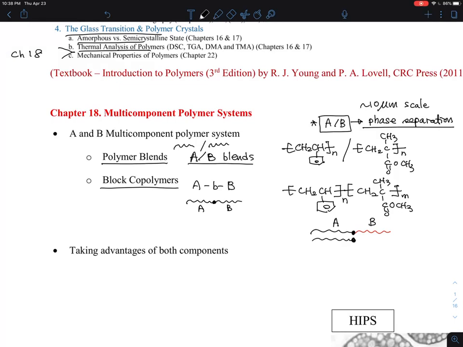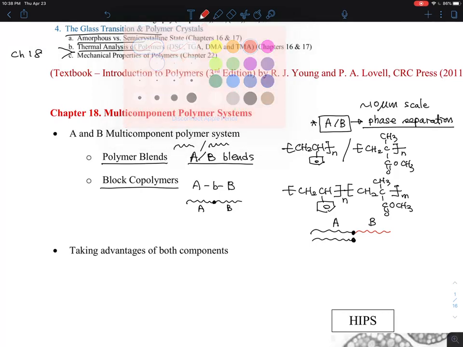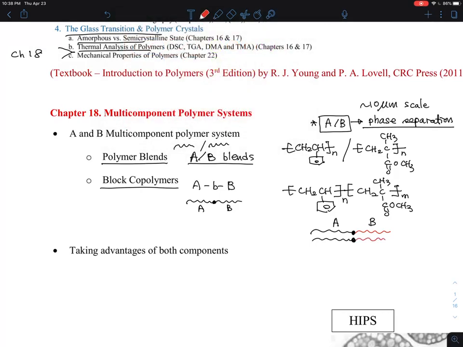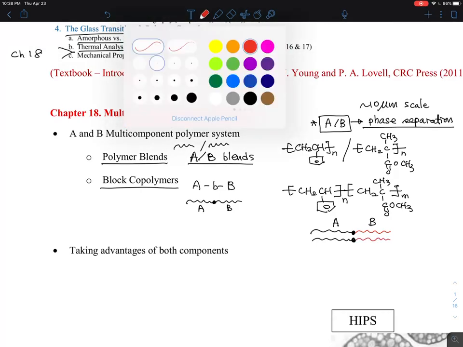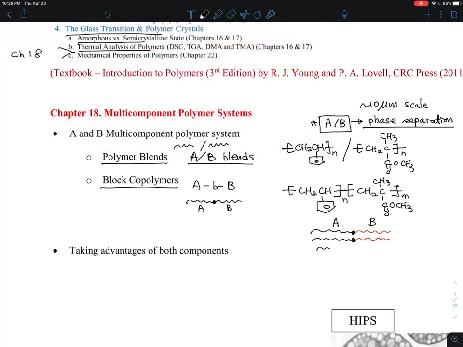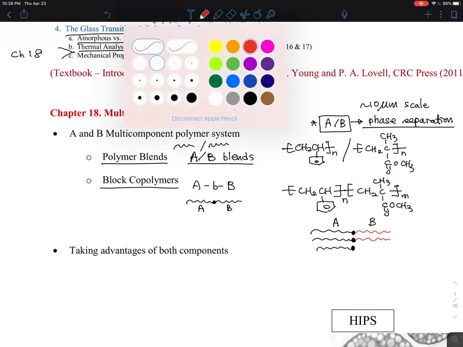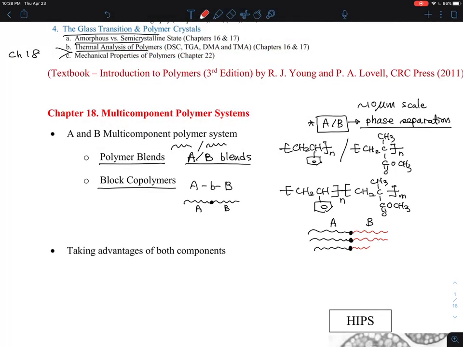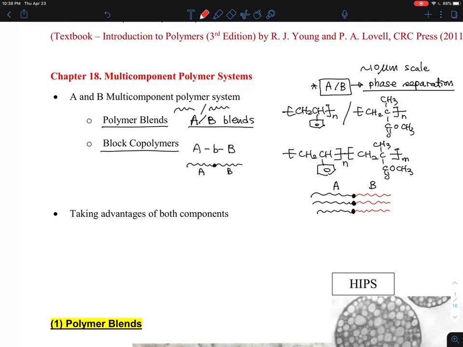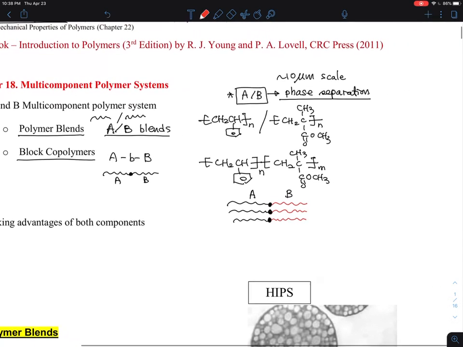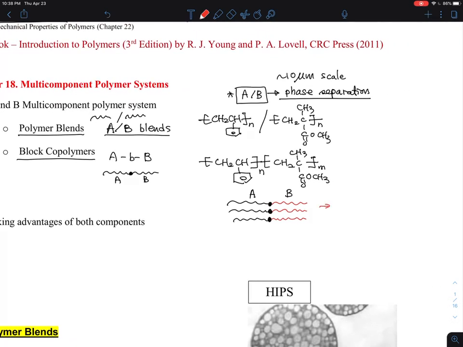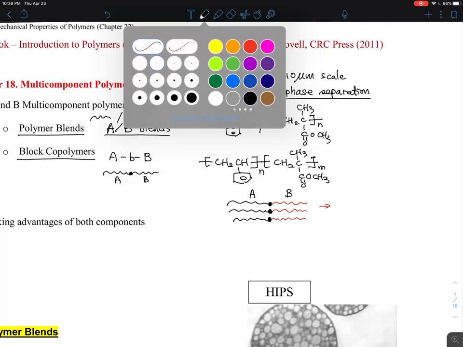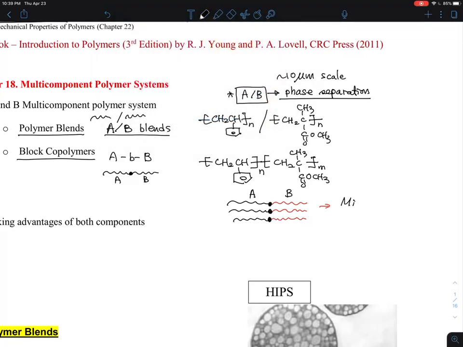So they just have to align themselves to minimize the unfavorable contact between A and B. And in the polymer community, people call this microphase separation.